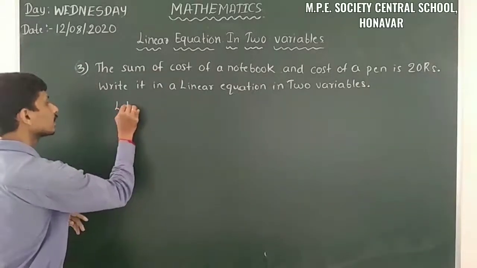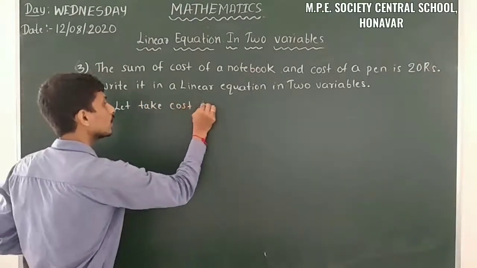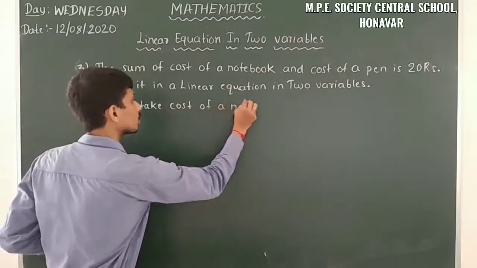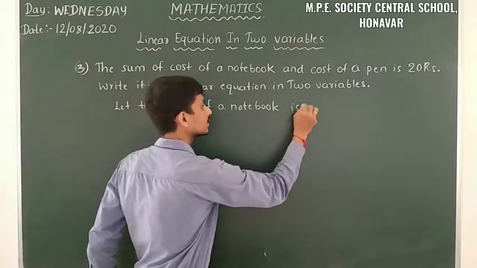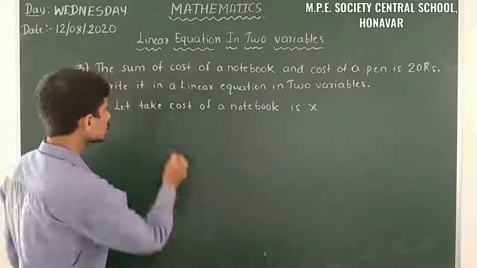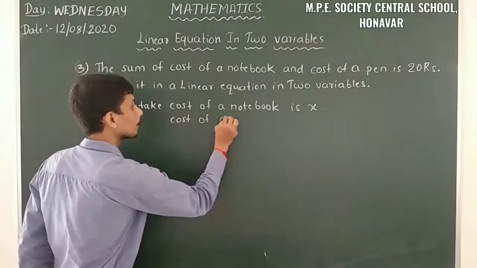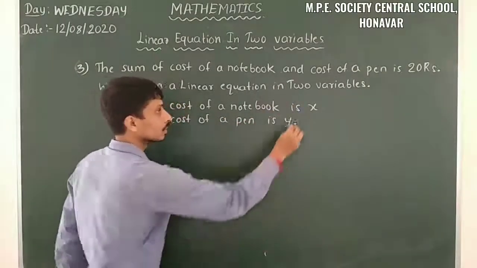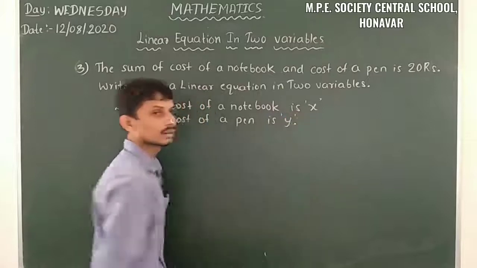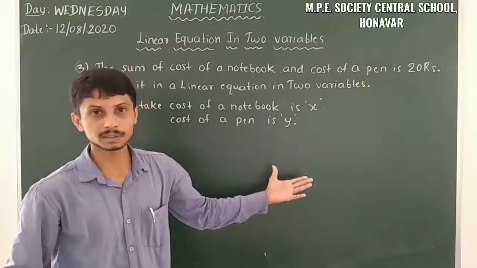Let's take the cost of a notebook as x and the cost of a pen as y. So we have to take both as unknown values, and likewise they are variables.